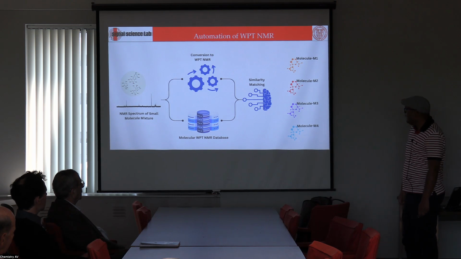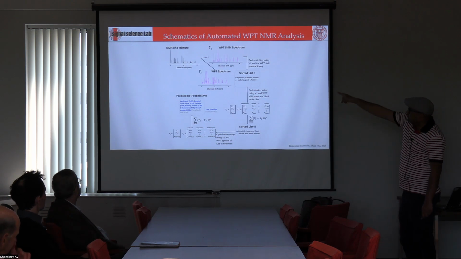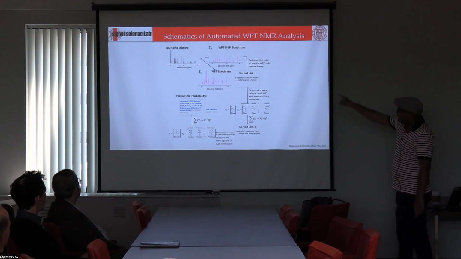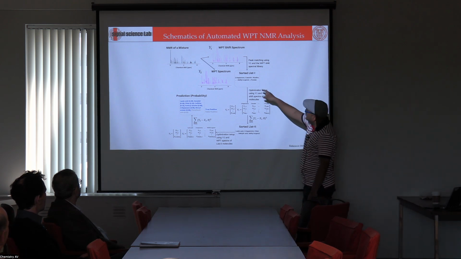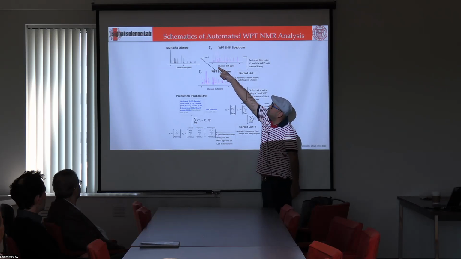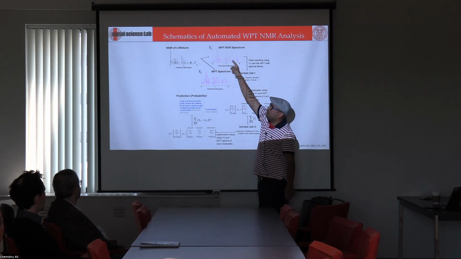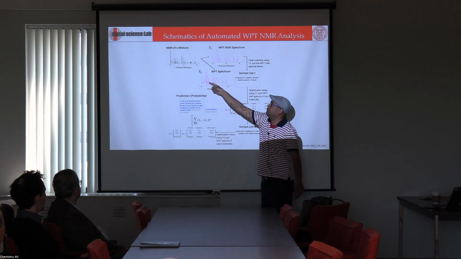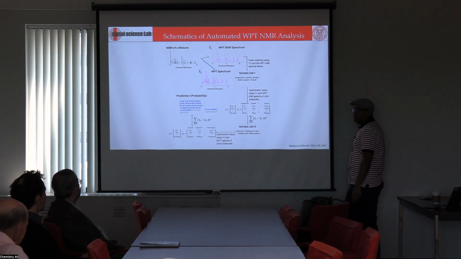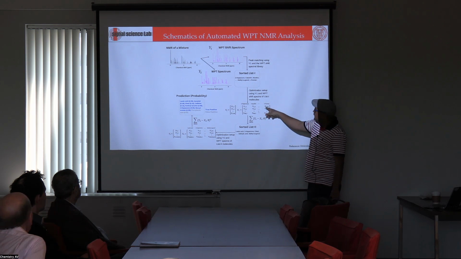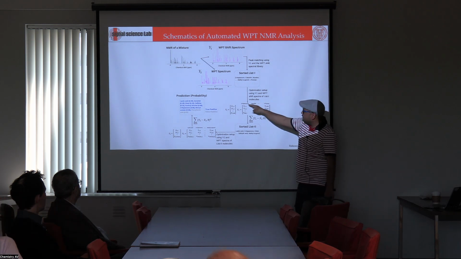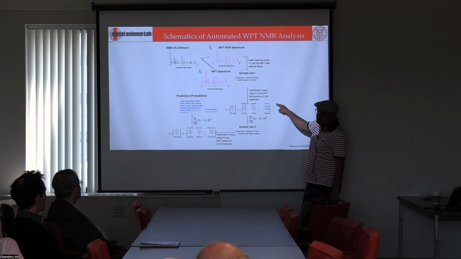So how to go about it? This is an NMR spectrum. Apply a wavelet packet transform, so you get individual peaks. This is without finding the maximum peak height, so you get a wavelet transform spectrum of it. Now, what you do, you already have a library of all the potential molecules.